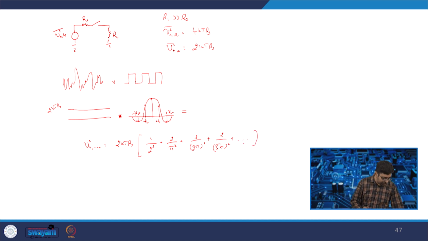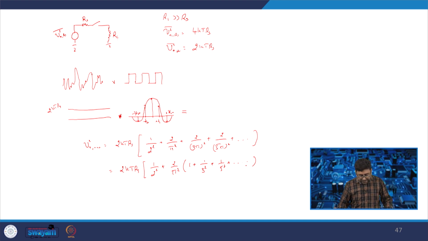Now, if we take this common, again it will be the Fourier series 1 plus 1 by 3 square plus 1 by 5 square plus, it will go on.